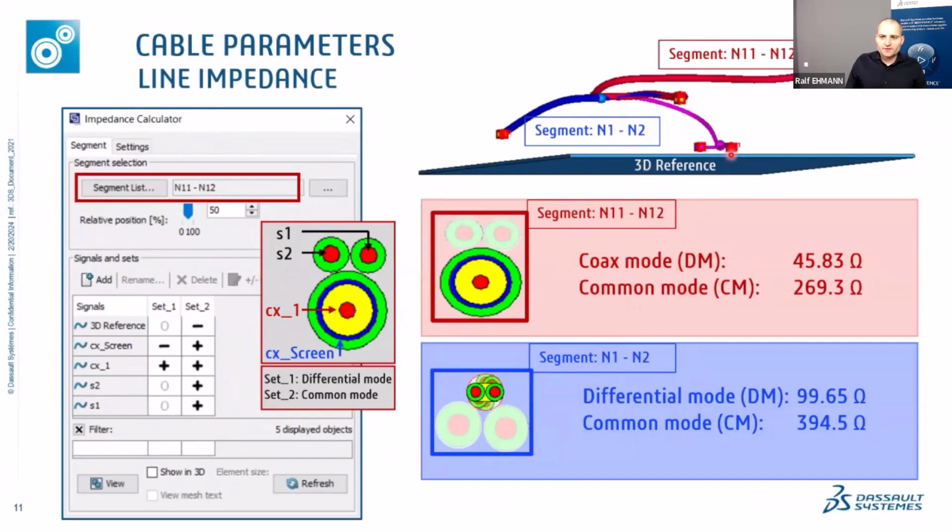This is in reference directly to the 3D reference, which is your CAD model, or based on this CAD model, you can also specify a simplified platform. And also the differential mode for the twisted pair and the common mode.